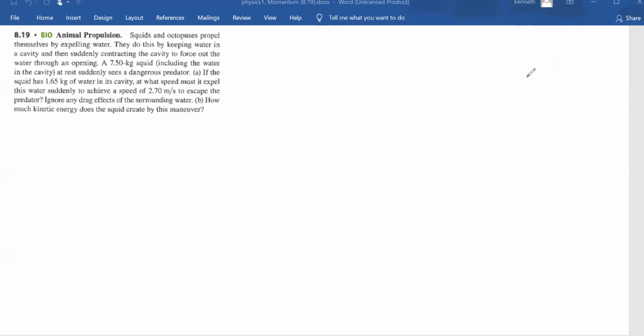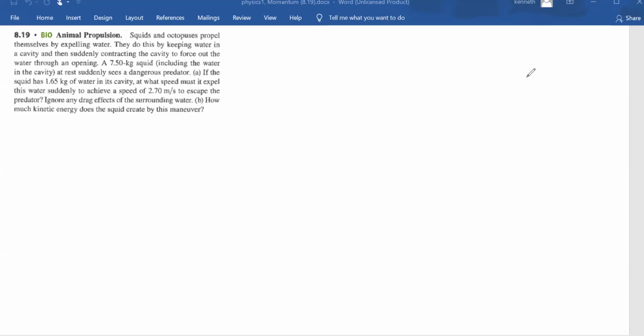A 7.5 kilogram squid, including the water in the cavity, at rest suddenly sees a dangerous predator. This would be our before state, I suppose. If the squid has this much water in its cavity, at what speed must it expel this water suddenly to achieve this speed for itself and escape the predator?